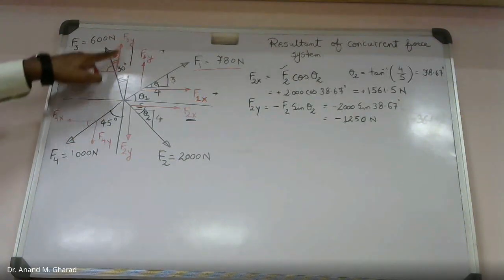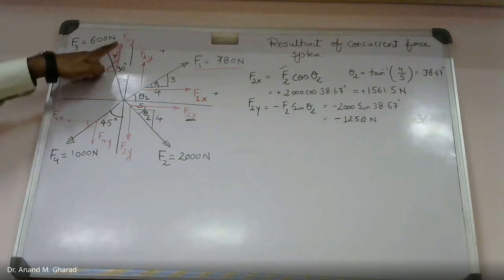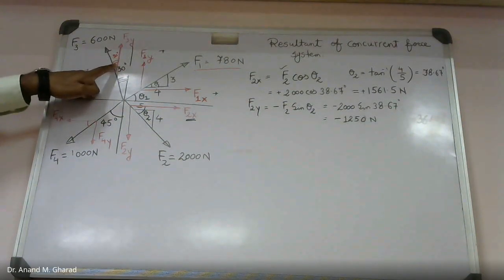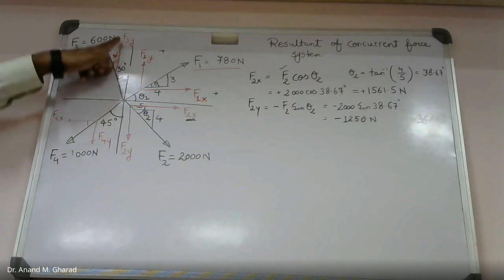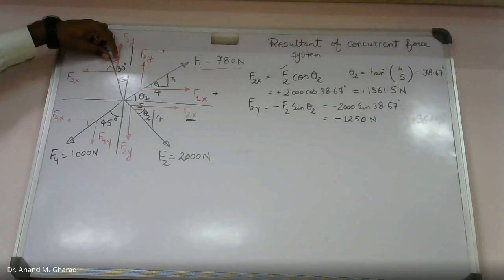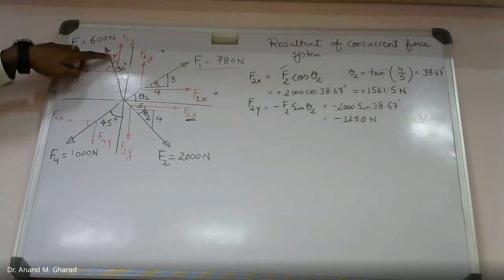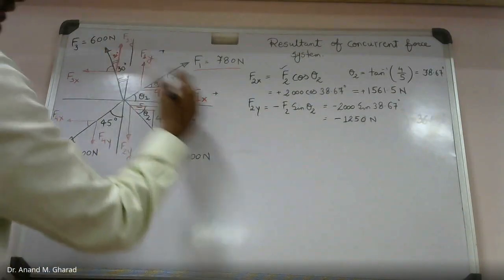This is F3y, and F3y is forming a base for F3. This is inclined and this is vertical, so the angle between these two forces shall be 30 degrees. Am I right? Yes, sir.